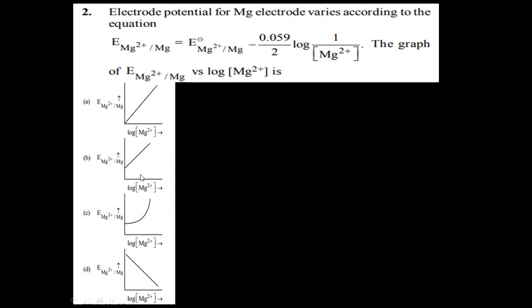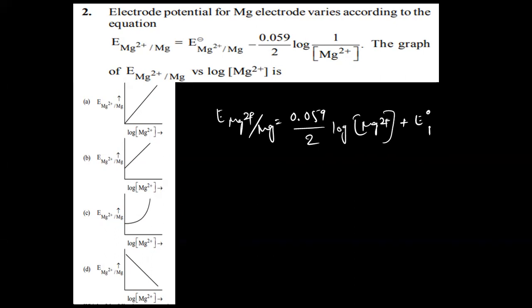So here, first I will write the electrode potential for magnesium electrode varies according to the equation, as we have an equation, and if you consider E Mg2 plus bar Mg, which is equal to E naught Mg2 plus bar Mg plus 0.059 divided by 2 log concentration of Mg2 plus.